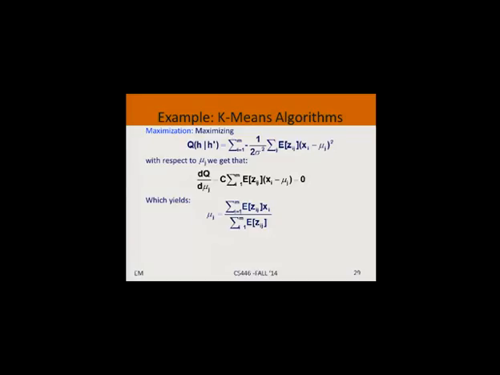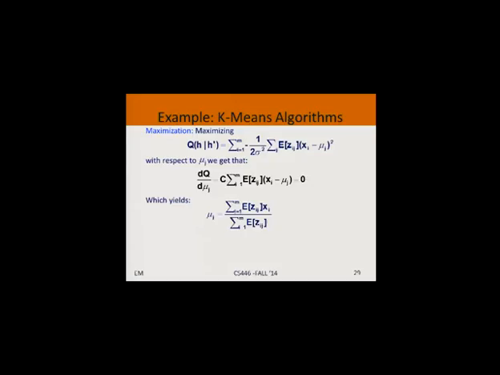Again, let's think about what it means. You should be able to convince yourself that this is what you should have seen, in exactly the same way we did before. The E Zij's here are Pij's, the probability that the data point xi came from mu j.